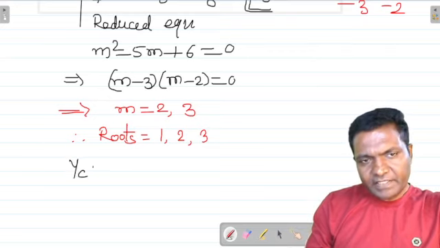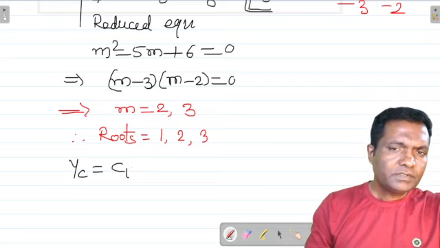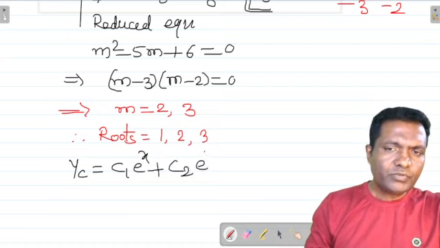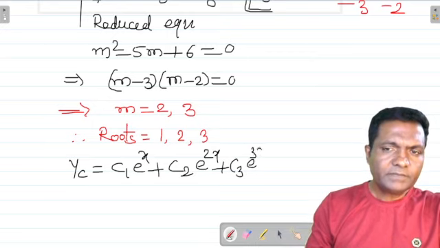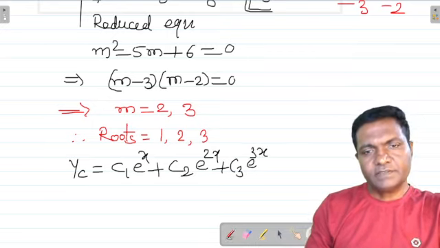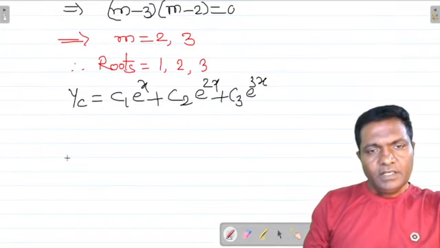So yc is c1 e power x plus c2 e power 2x plus c3 e power 3x. Now yp.